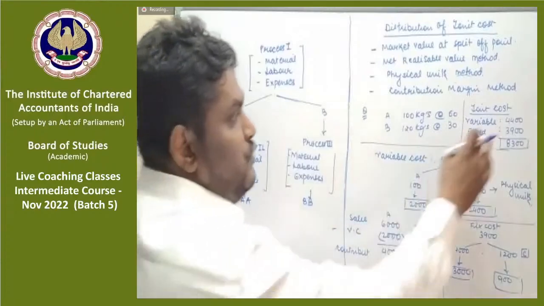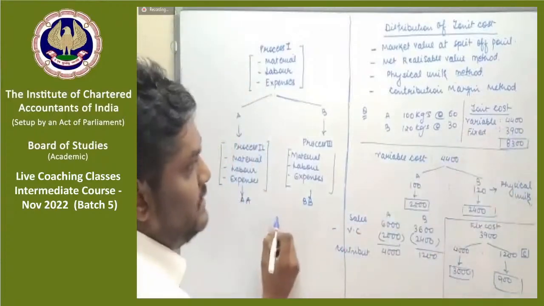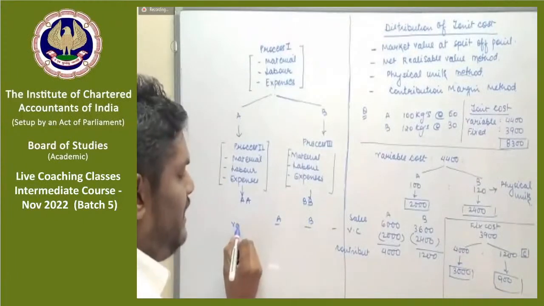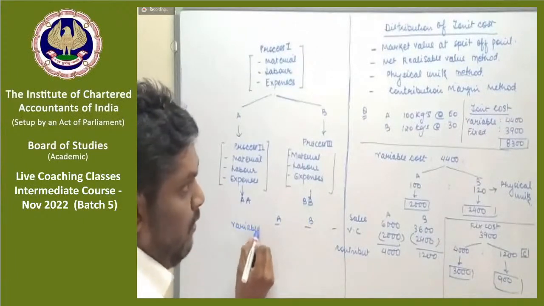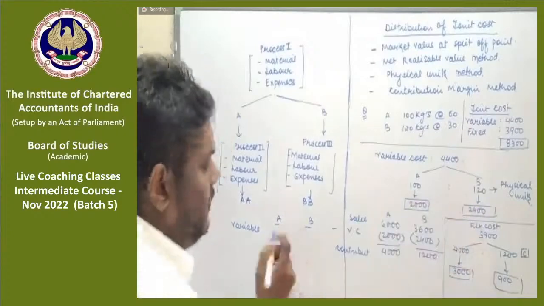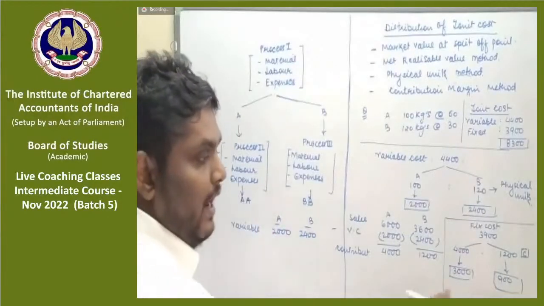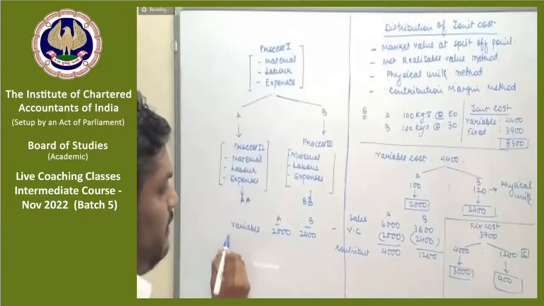So finally, my joint cost of 8,300 is distributed among A and B as follows: variable is distributed as 2,000 and 2,400, and fixed is 3,000 and 900.